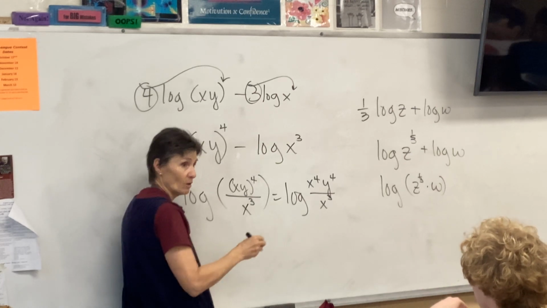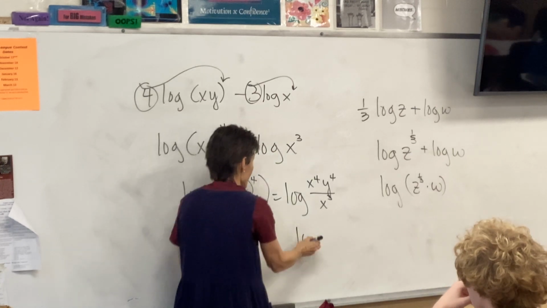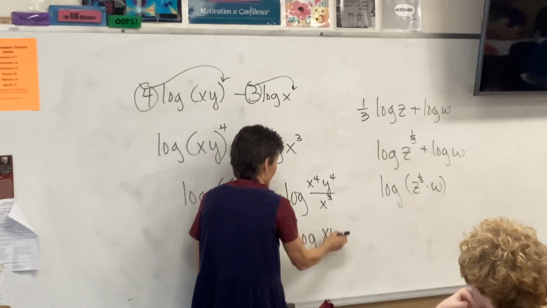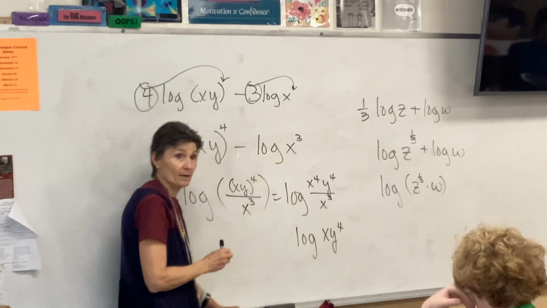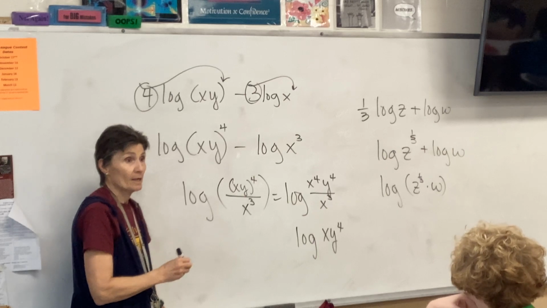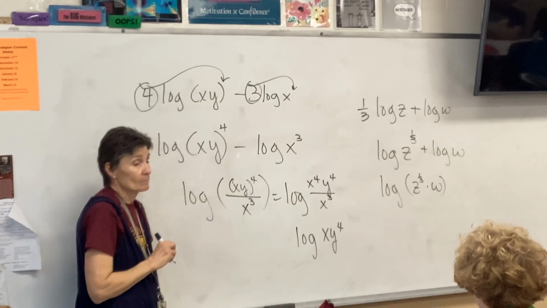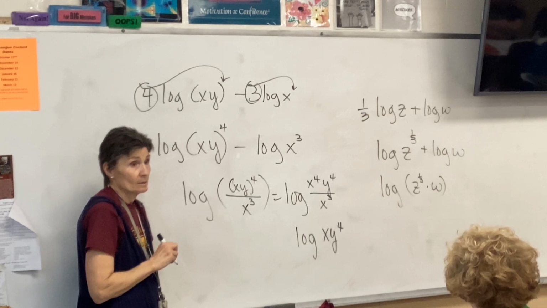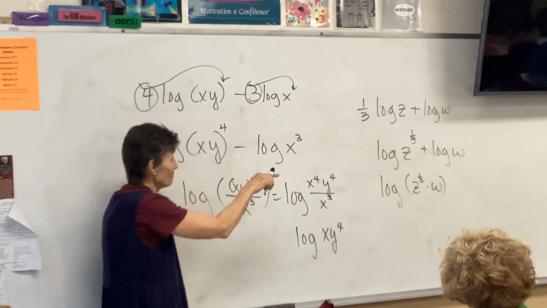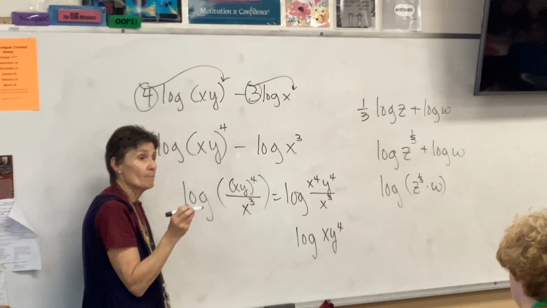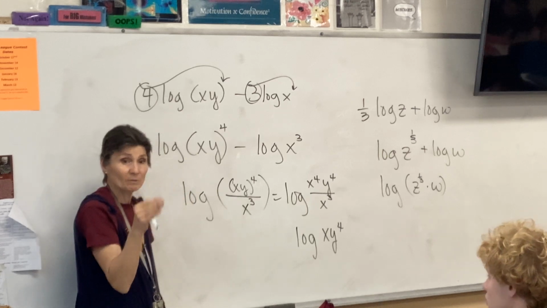You're gonna cancel, and you're gonna end up with just 1x on the top, and none on the bottom, because you have 4 of them on the top and 3 of them on the bottom. We haven't been able to simplify any of our other problems, but as always, if you can simplify, you need to do it.